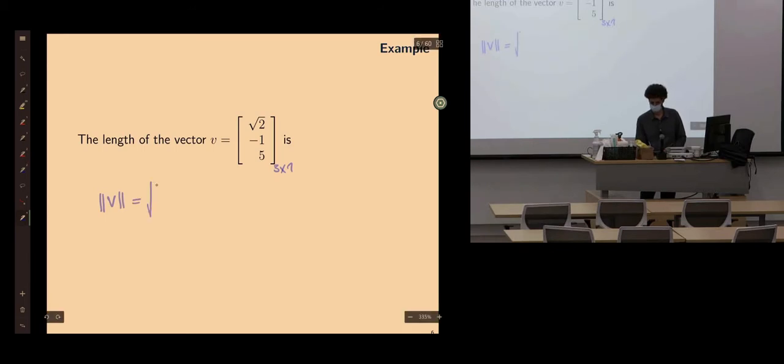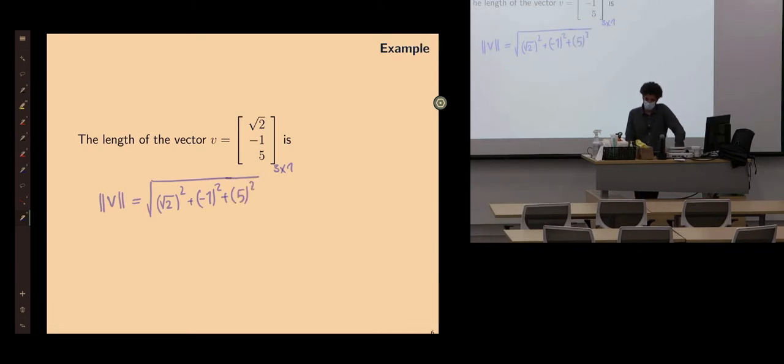The square root of root 2 squared plus negative 1 squared plus 5 squared? So correct. We just use the definition. We raise each entry to the power of 2 and then add them up, take the square root, and this will give you a number.